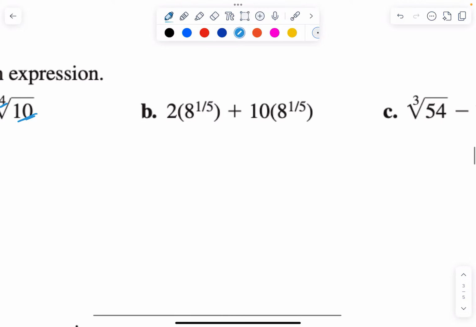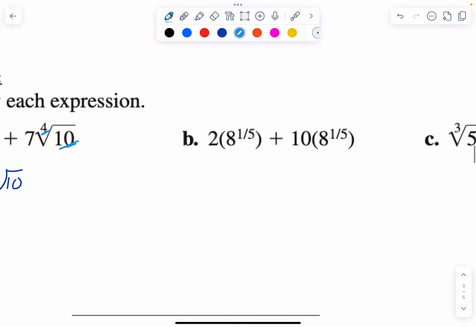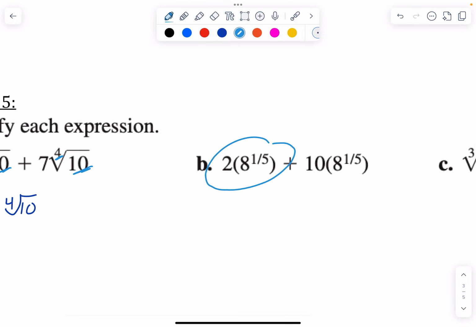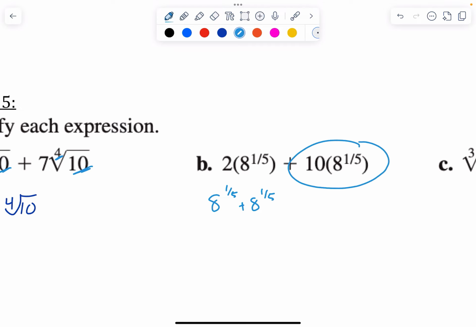All right, not only could I apply this with radicals, but I could apply it with exponents, right? Here, what does this mean? It means I have 8 to the power of 1/5. What does this mean? It means I have 8 to the power of 1/5.